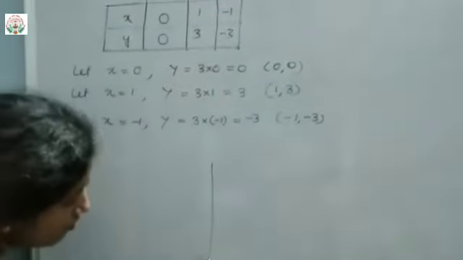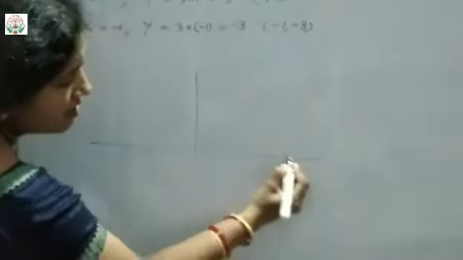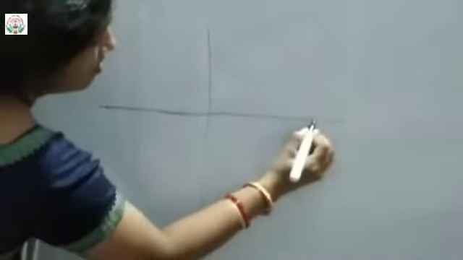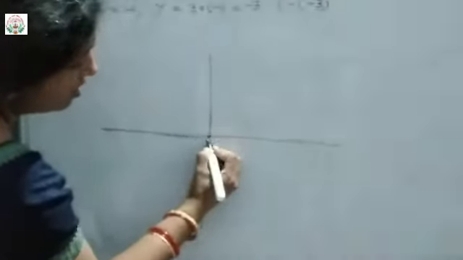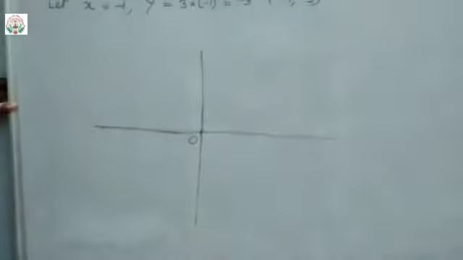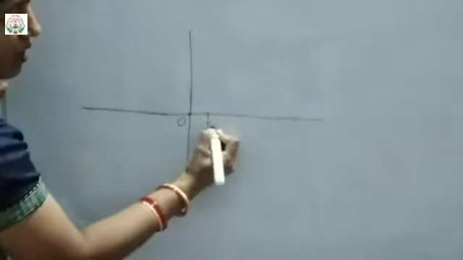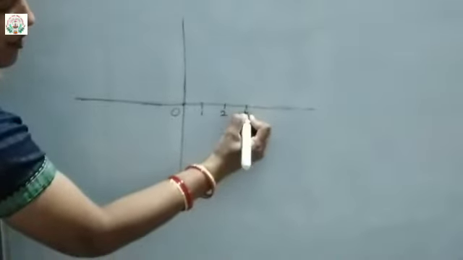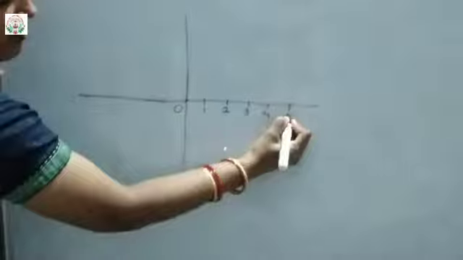See, first the y-axis, then here the x-axis. So these two axes pass through the origin. This is our origin. So this side, right side, will have positive values: 1, 2, 3, 4, 5.